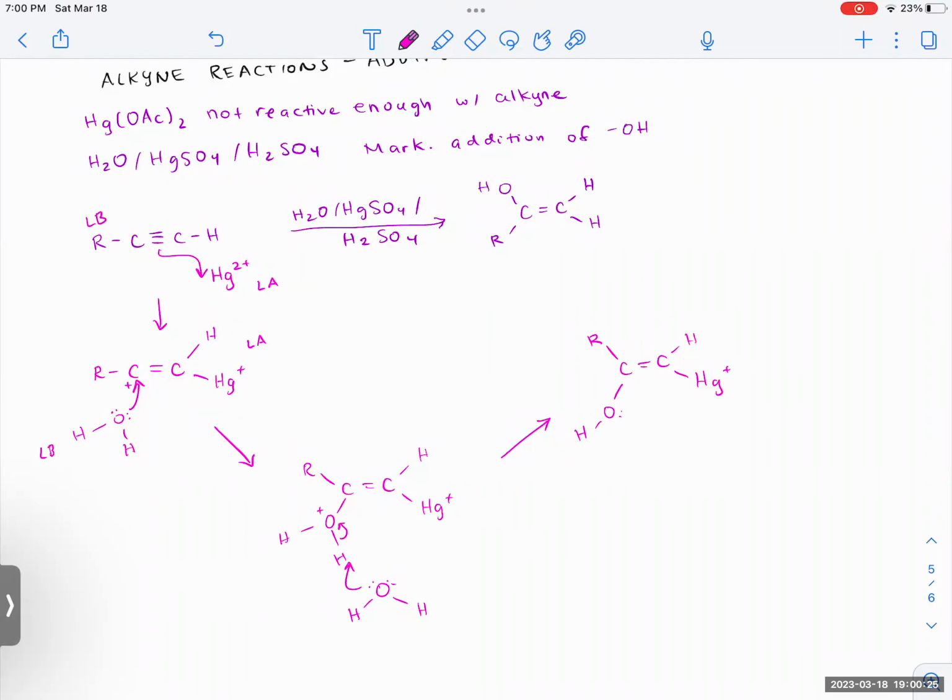So we've made hydronium, and hydronium is going to come in again. And the Hg is going to snag a hydrogen and break these bonds.